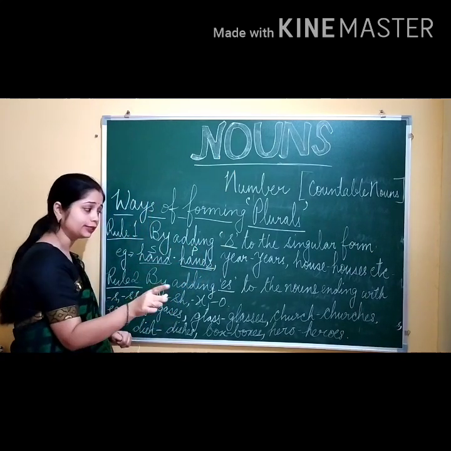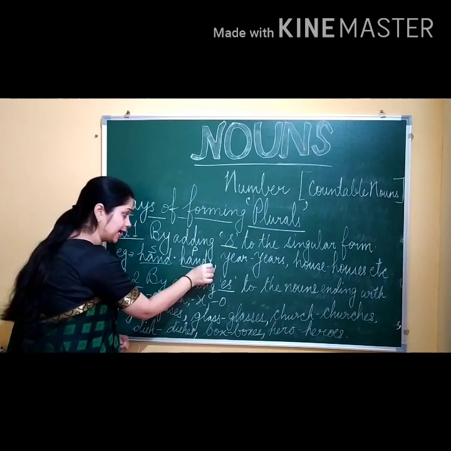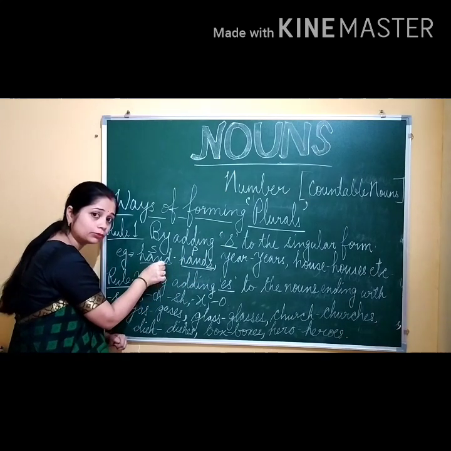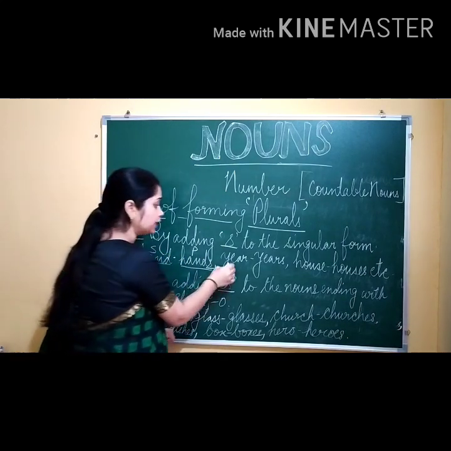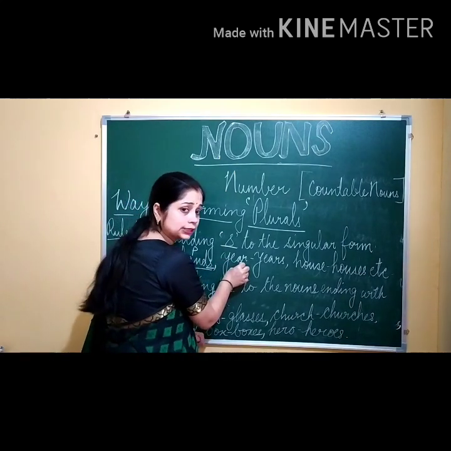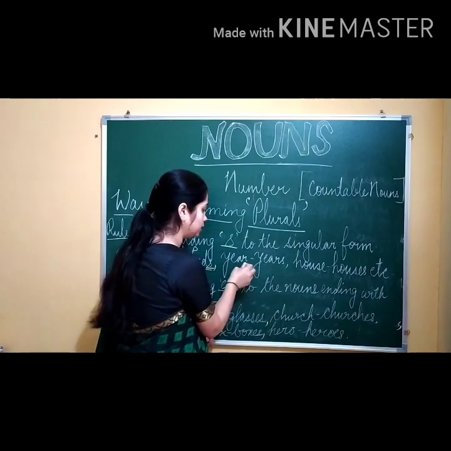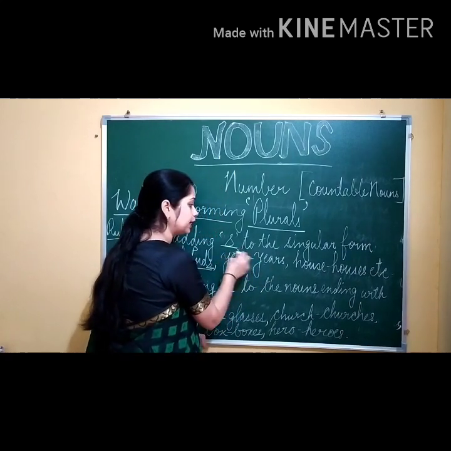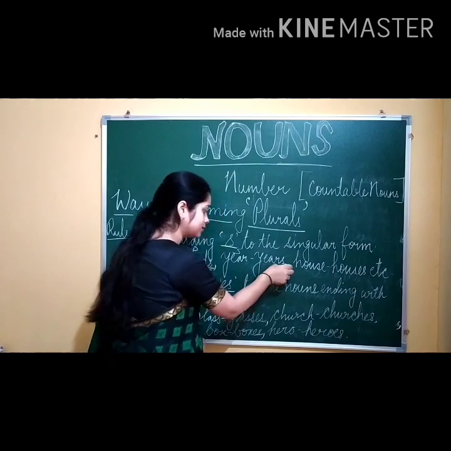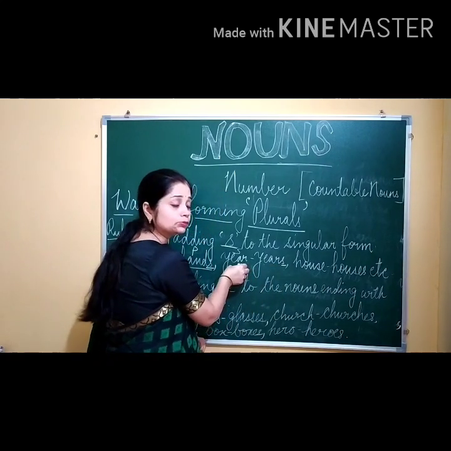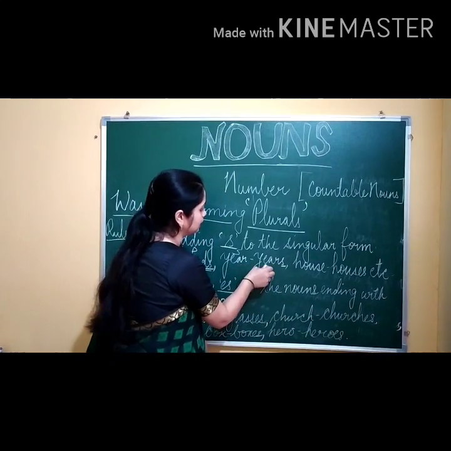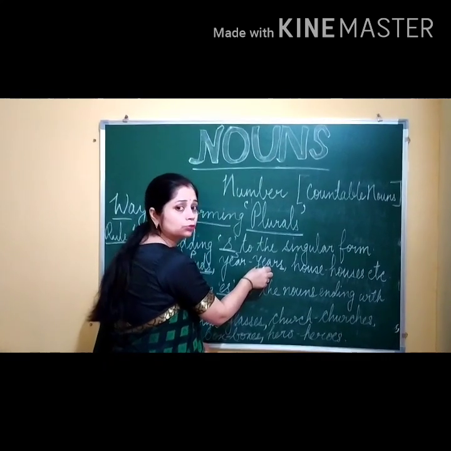So what have we done? We have just added s to the singular form. In the next example, ear and ears. Ear is singular, and if we add s to the singular form, it changes its form to plural one.